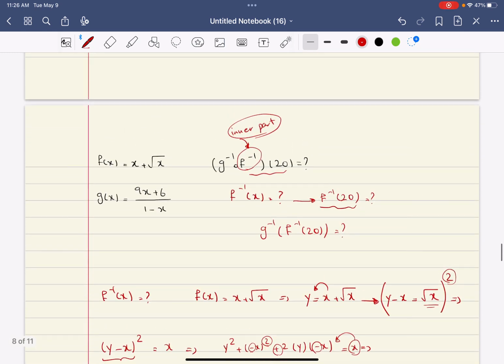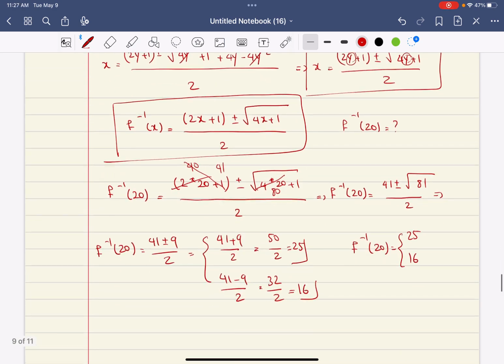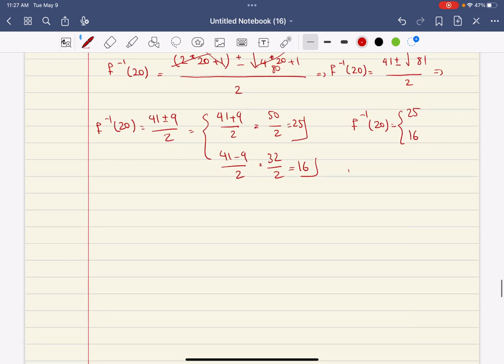We have to find this, right? So we have to basically find the inverse of g at 25, or the inverse of g at 16. This question has two answers.